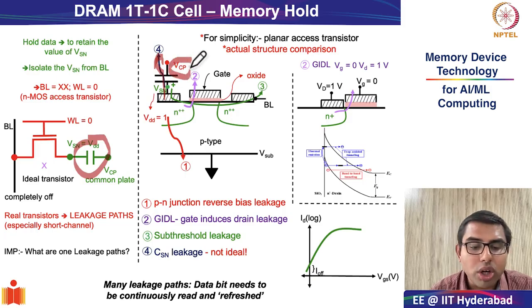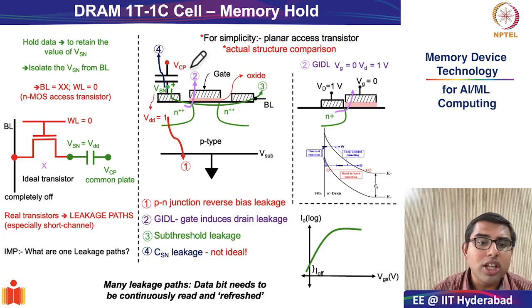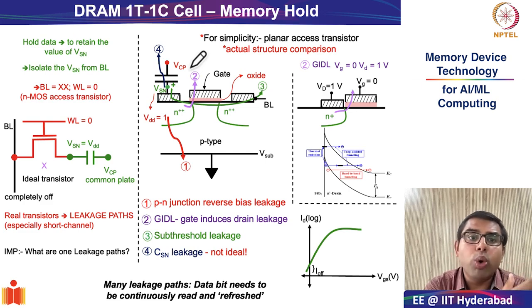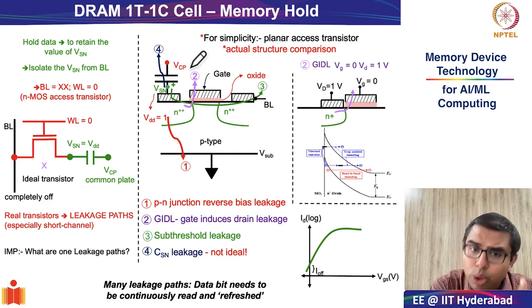VCP is the voltage of the common plate. Okay, so these are the several mechanisms through which there is a leakage of charge from the storage node, through the transistor and through the capacitor, right?